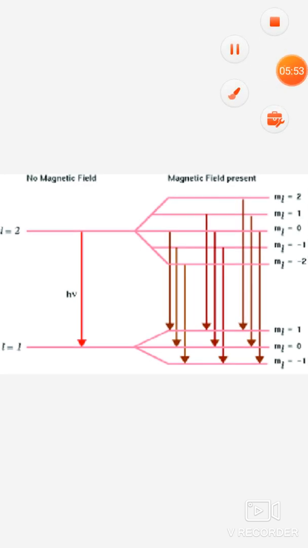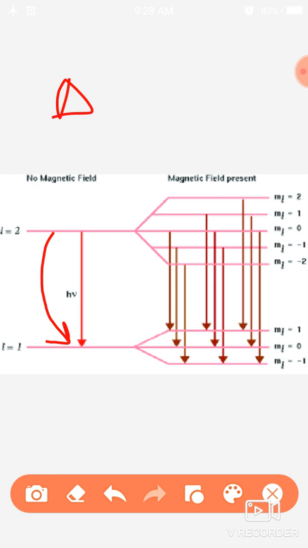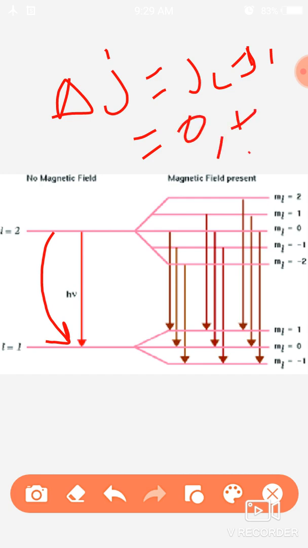By applying the selection rule, we can find all the possible photons produced in the spectrum, that is, the spectrum lines. Selection rules tell us that only energy transitions which follow these rules are allowed: delta J equal to J2 minus J1 equal to 0 or plus or minus 1.